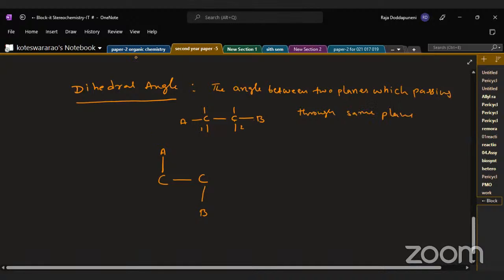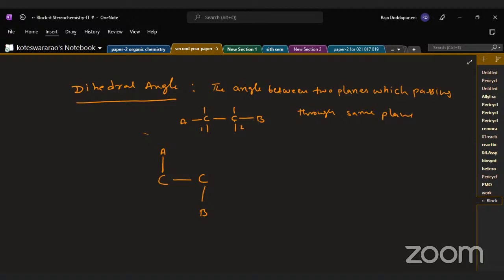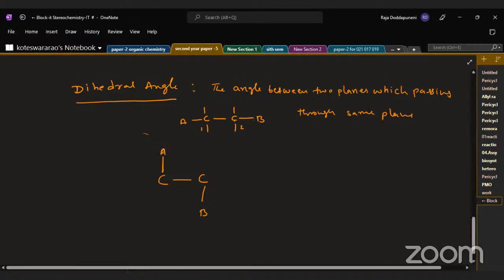Suppose for understanding, I am taking a different color pen. Now the plane we get here: the plane which is passing through the A and these two carbons. This is one plane, suppose vertical in manner.